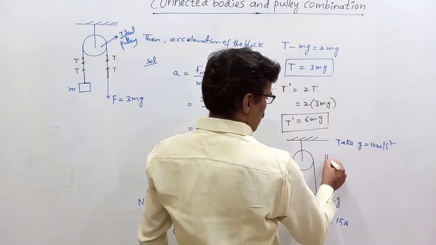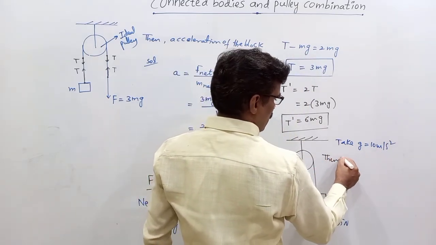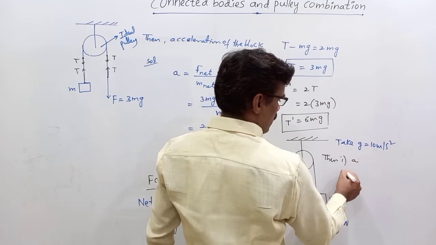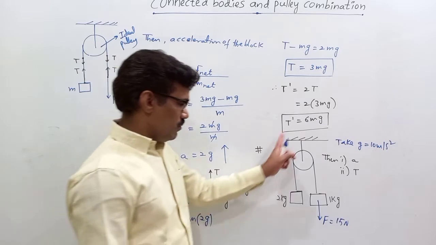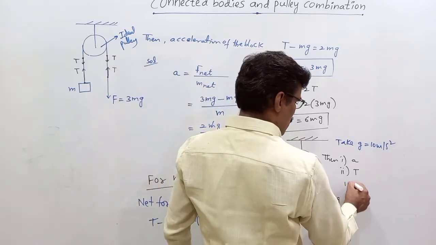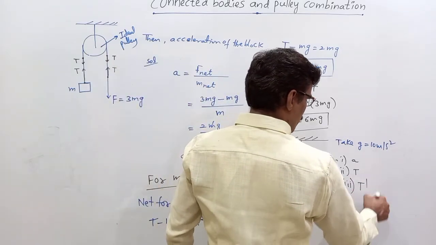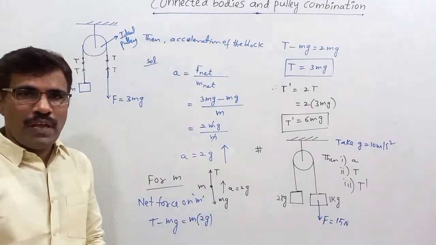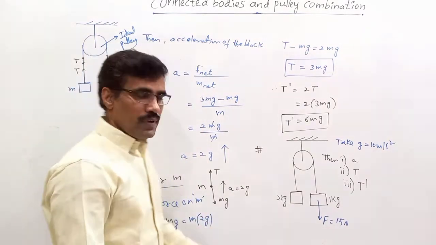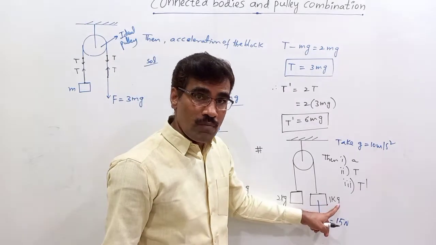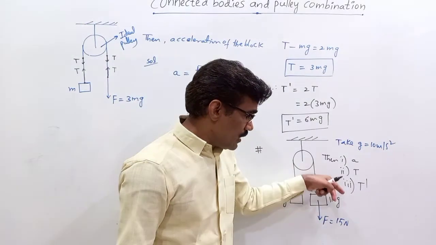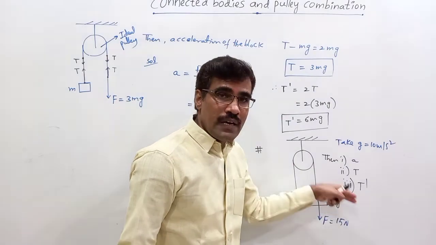Then what is the acceleration of each block? And the tension in the string which is connected between the blocks, and the tension in the string which is connected to the pulley. A is the acceleration of each block. Here 2 kg, and here 1 kg. But what is the downward force from the right side?